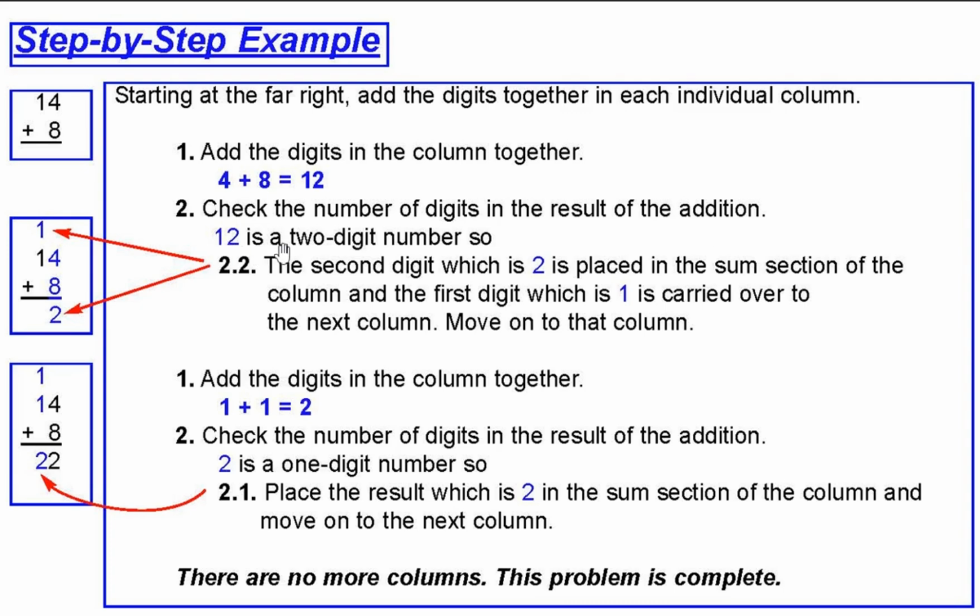12 is a two-digit number. So, the second digit, which is 2, is placed in the sum section of the column.